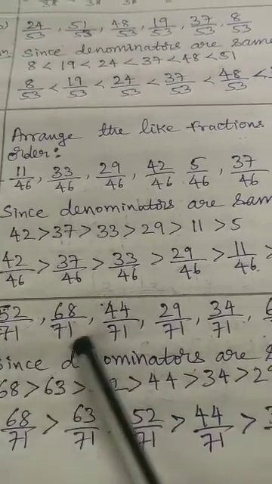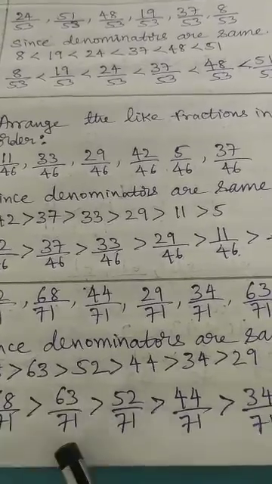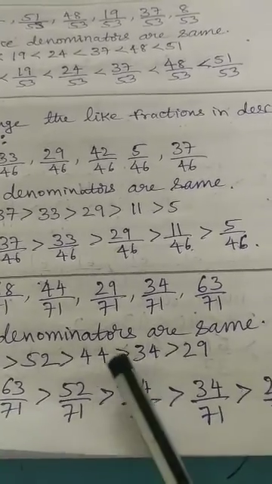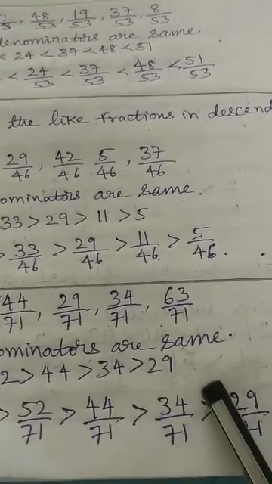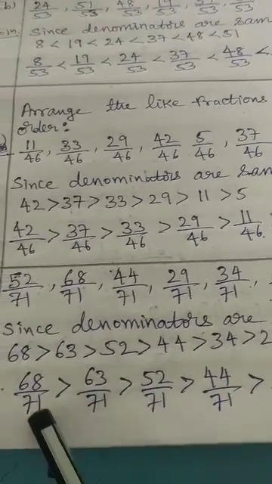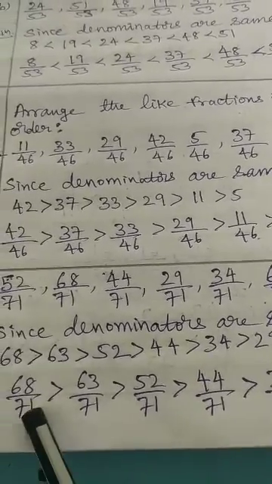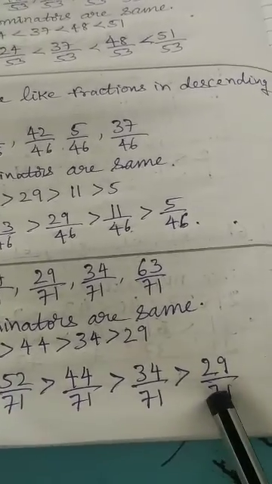All have same denominator. So only thing is 68 by 71, 63 by 71, 52 by 71, 44 by 71, 34 by 71, 29 by 71. It means these fractions are in descending order from big fraction to small fraction.